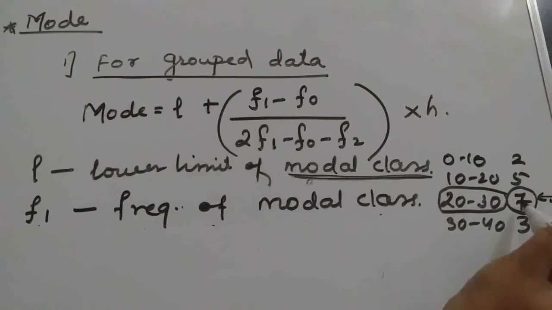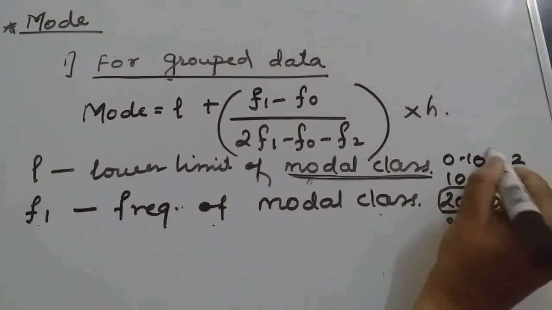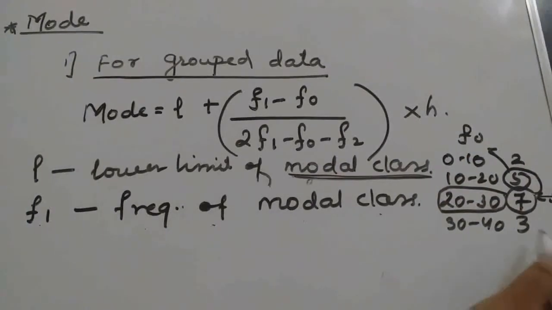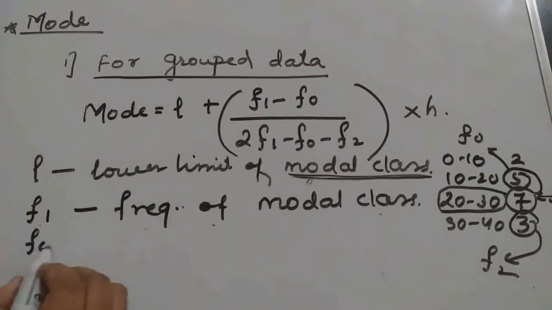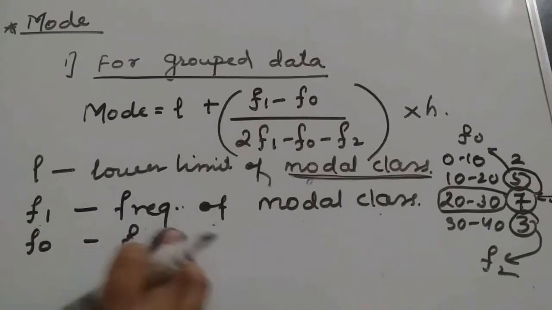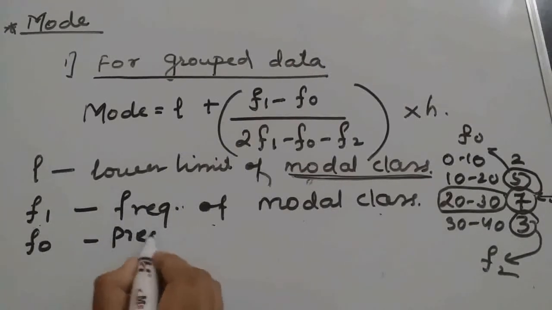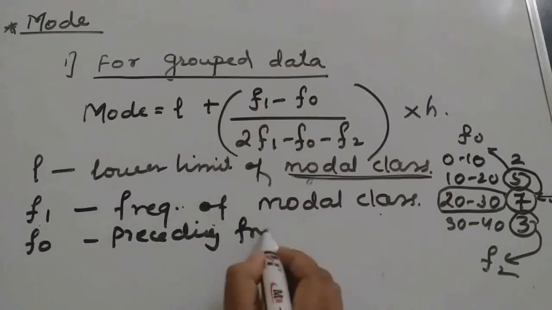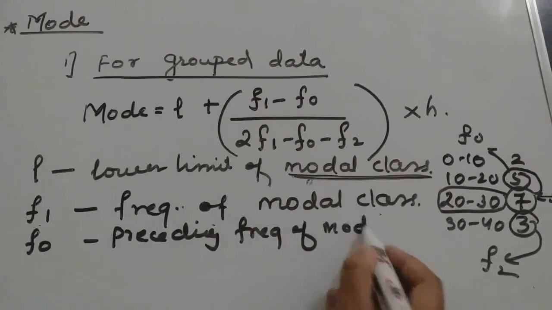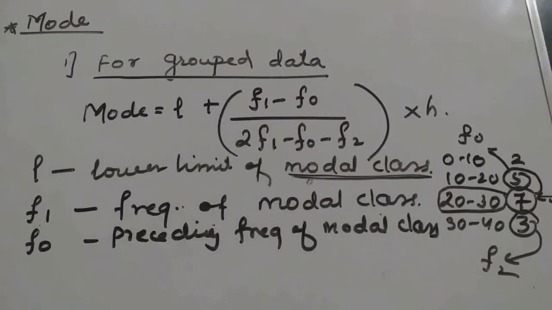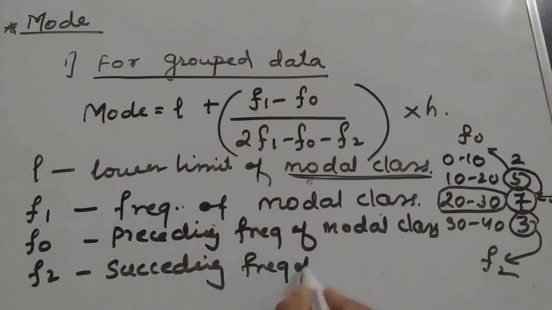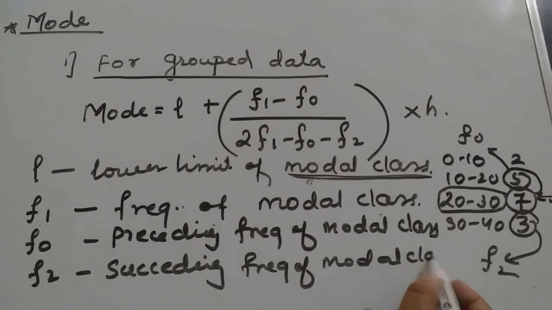After getting F1, the previous value you can take as F0 and the next value you can take as F2. So F0 is the preceding frequency of the modal class, and F2 will be the succeeding frequency of the modal class.